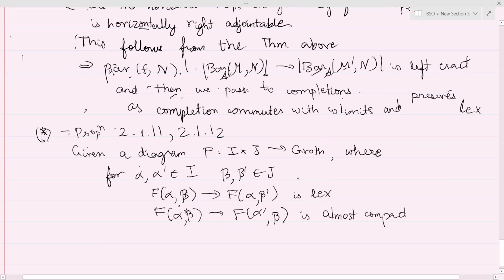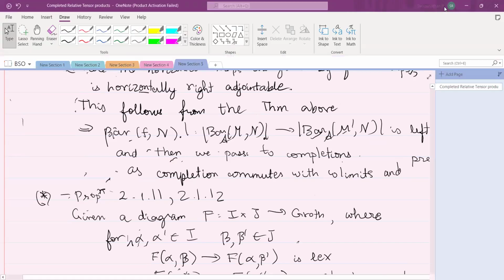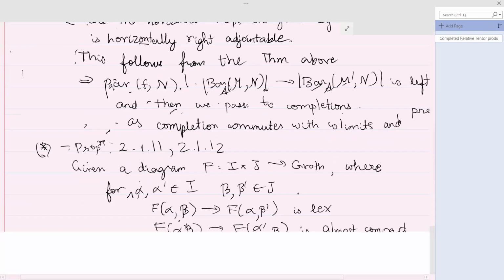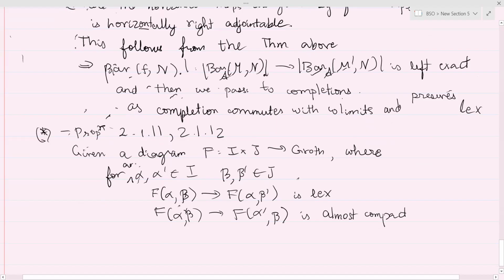So I should probably say here that for any alpha, like these indices, this happens.